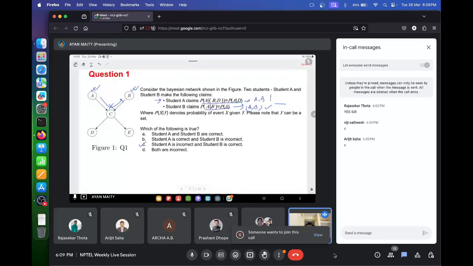It's not that. I'm just writing that student A claims that A and B are independent given D. This is what the first claim is, and this is what we have to check from the Bayesian network, whether A and B are independent or not given D.